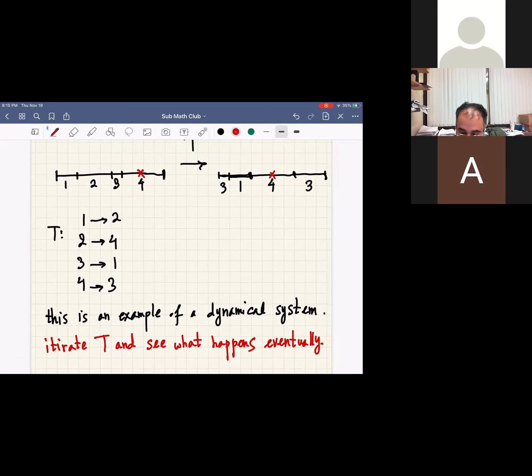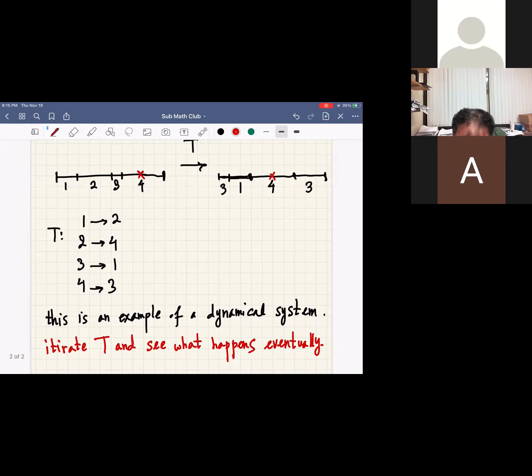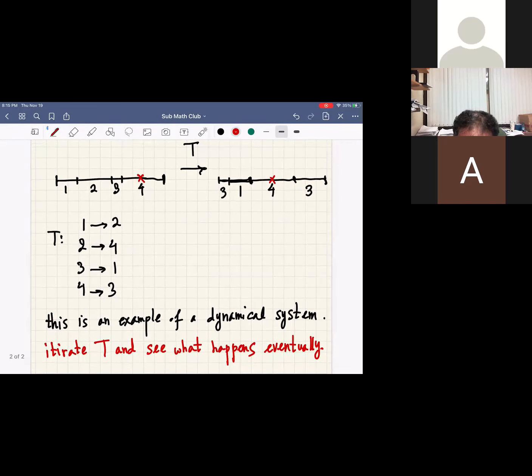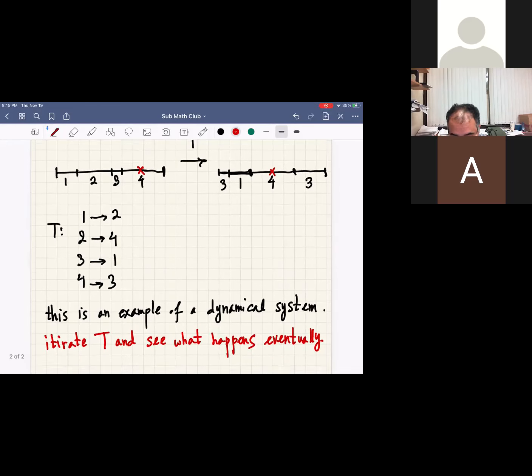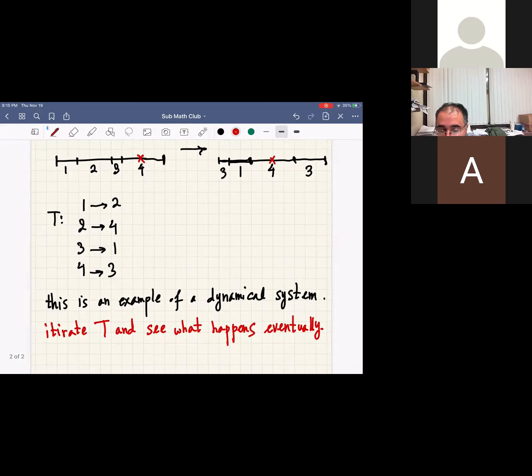Okay. I have a question. Is this only for the straight line, or can you do this for any curve? Right now we just do it for an interval of length 1. So for more complicated curves, probably you could do it, but I'm not sure it produces something new or interesting.